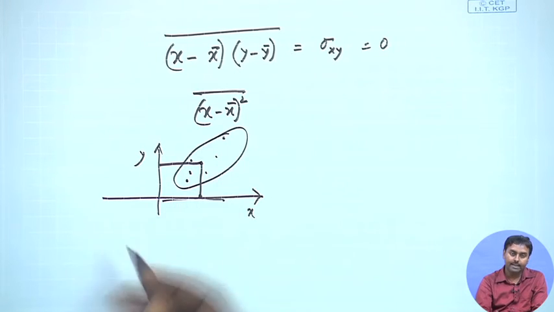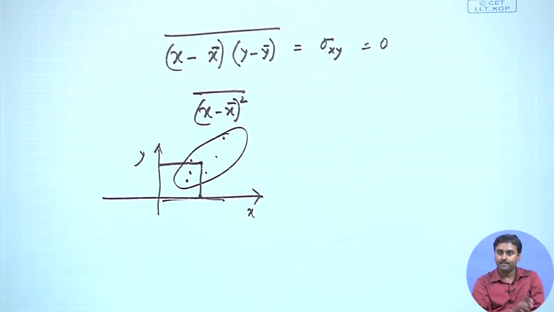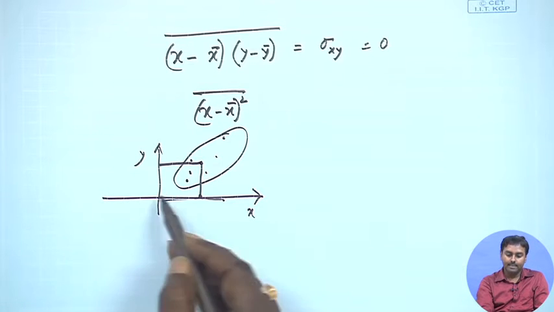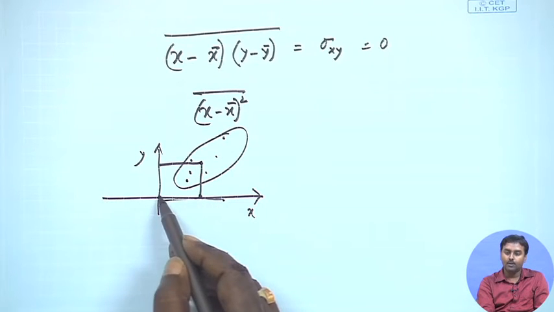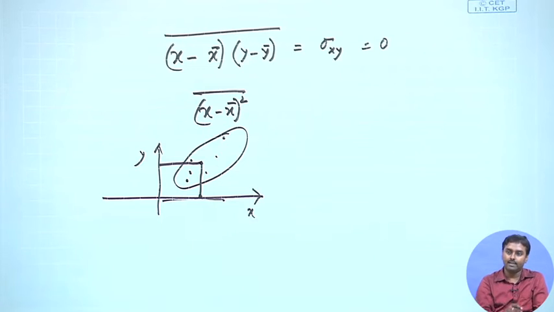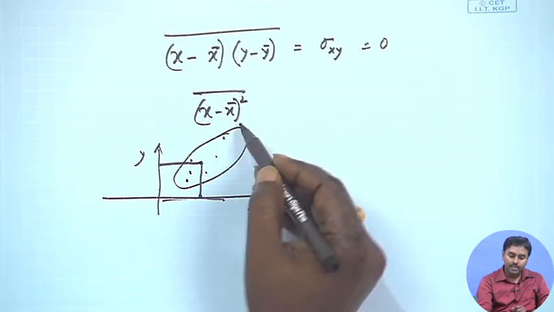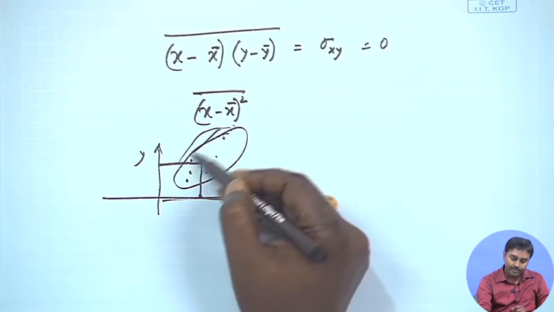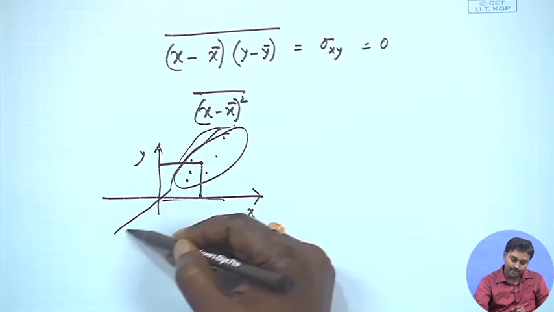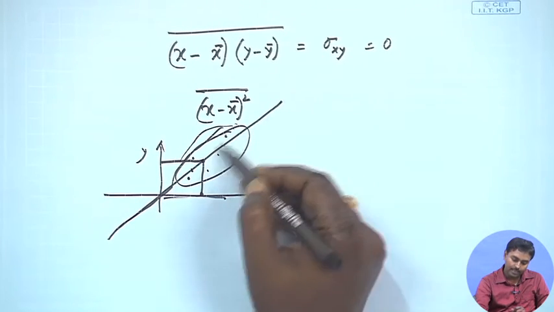So, it will all be scattered in that region. It will never happen that this is higher and this is lower, or this is lower and this is higher. It will not be scattered over the entire plane. If you draw y equal to x, it will be around this.